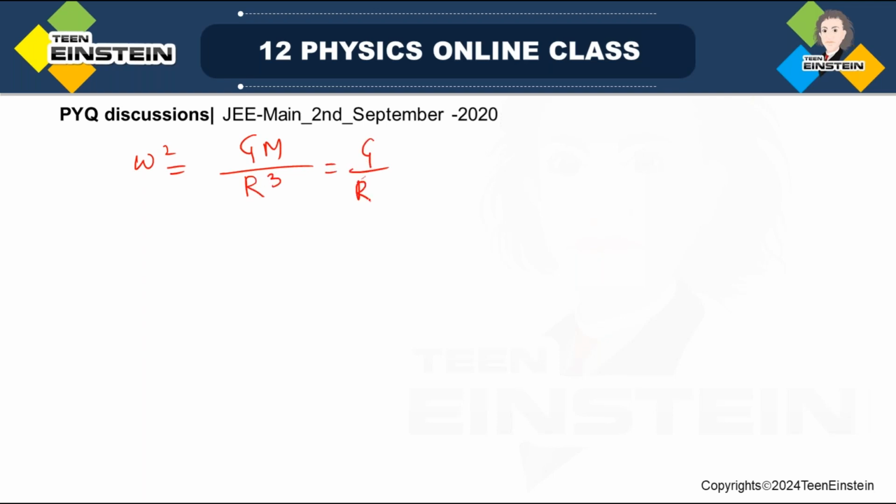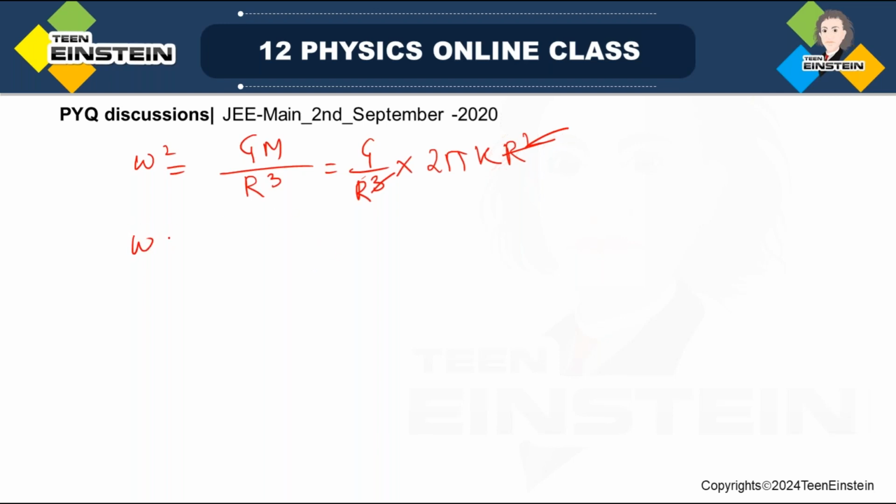G by r cube, and M is 2 pi k r square. So this will be cancelled.